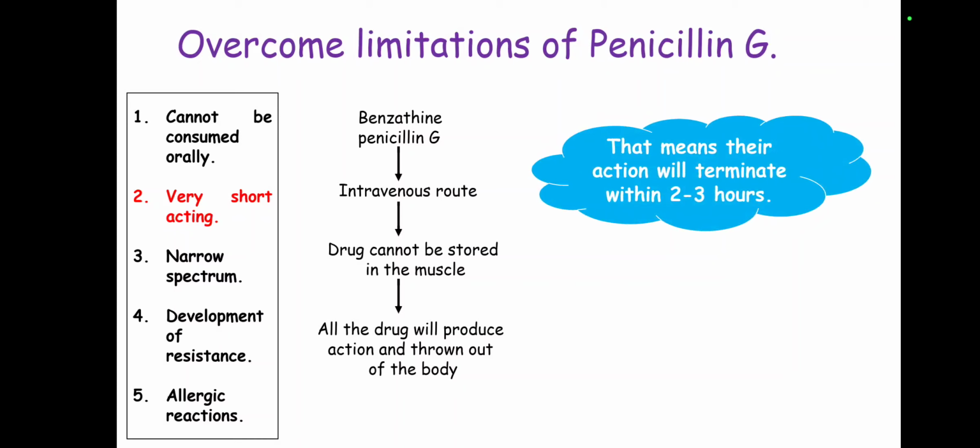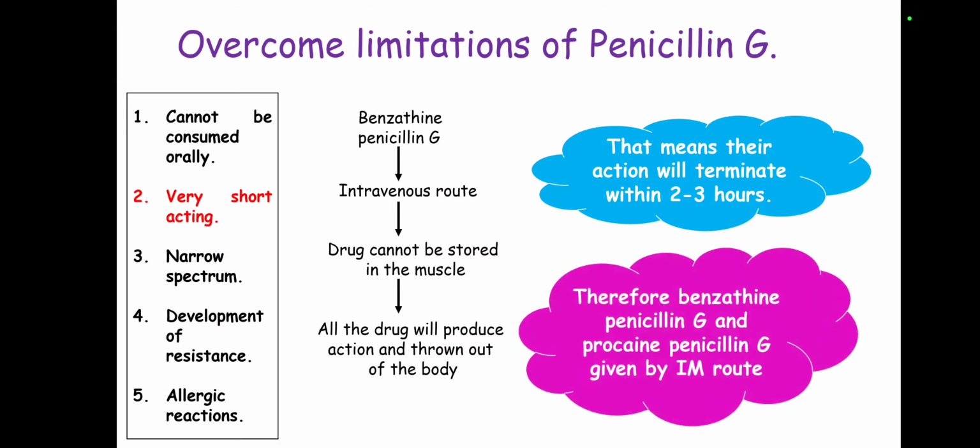So that means their action will terminate within 2 to 3 hours. So there is no use in giving these drugs via the intravenous route. Therefore, benzathine penicillin G and procaine penicillin G are always given via the intramuscular route, so that they are stored inside the muscle and slowly release for producing the action. Okay. So this is how we can solve the second problem, that is the short acting of penicillin.